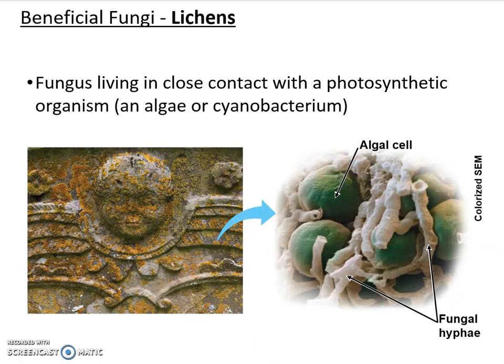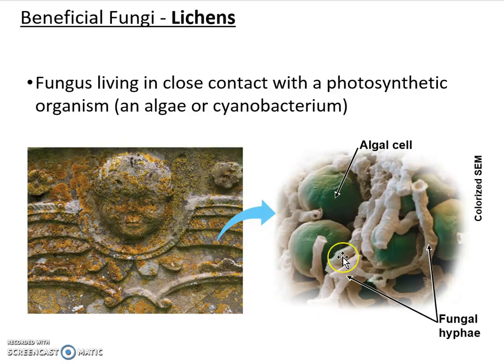And our last one is a really interesting kind of relationship that we can see in what's known as a lichen. And when you look at a lichen over here, you can see it's growing on this stone. We can find them growing on the sides of trees. And this is kind of similar to what we see with the mycorrhizae. Here you have the fungus that is growing with some sort of photosynthetic organism.